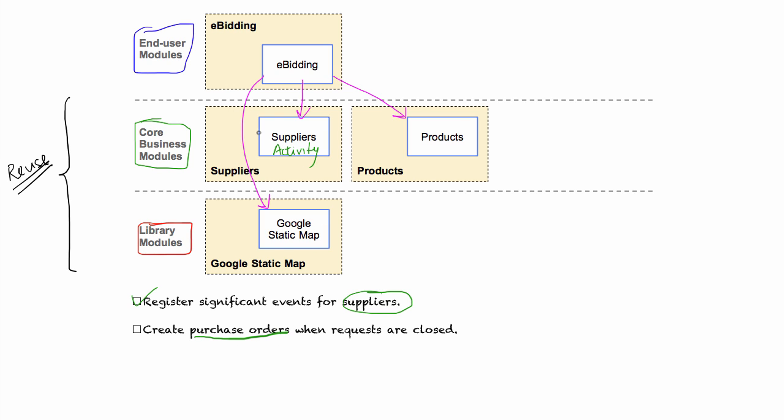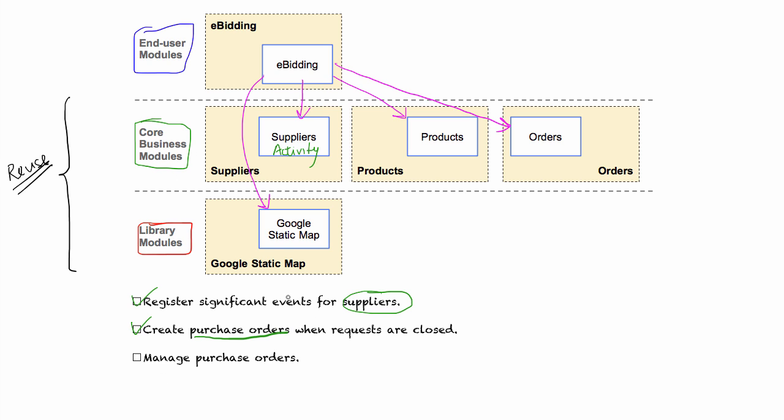I don't. I have a module for suppliers and for products. They don't handle purchase orders. So I need to add a new module in my architecture that will handle purchase orders and that will have an action to create a purchase order that I am going to reuse in the bidding application. So again, this is a functionality that we're adding to the core business modules layer.